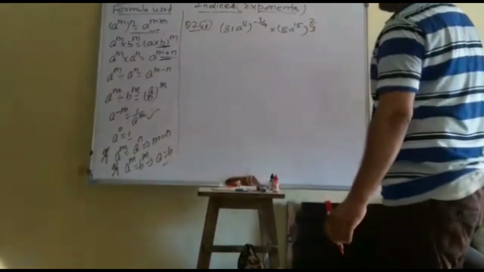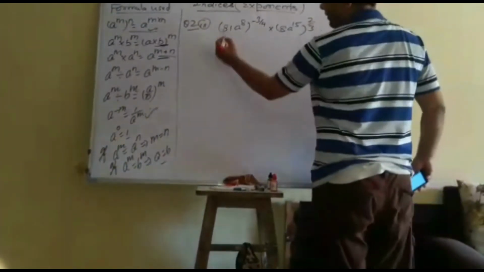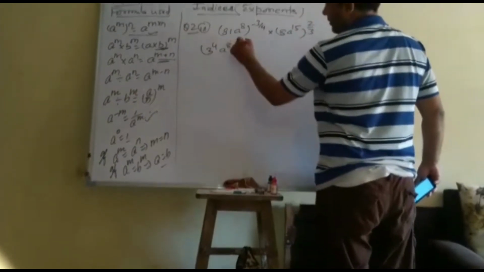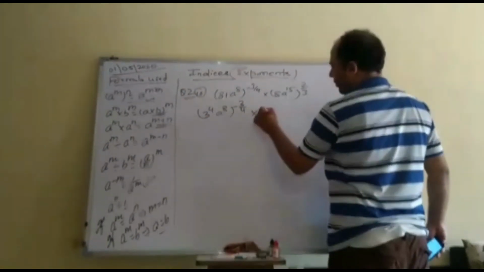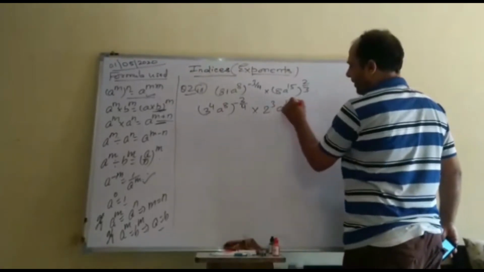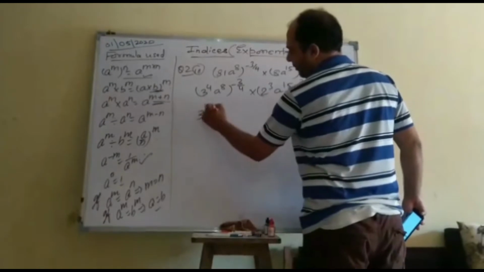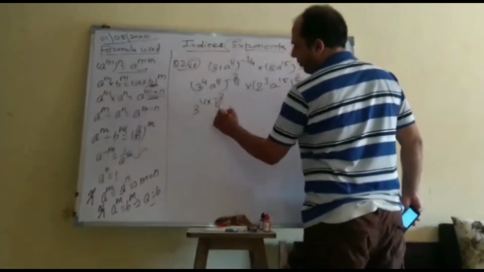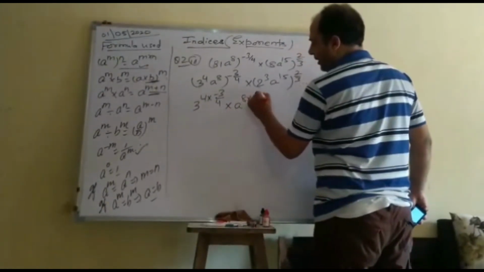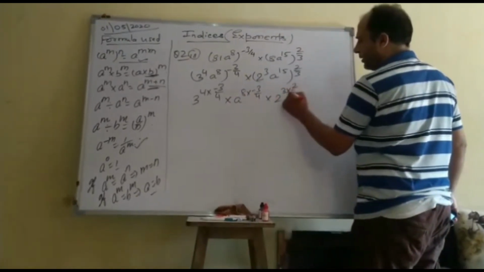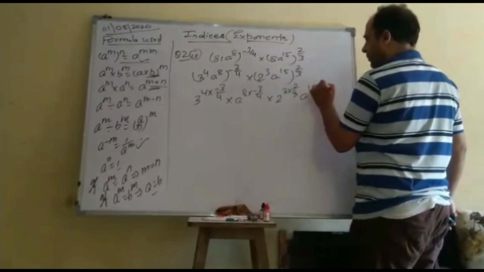This is the question. So how to solve? So 81 means 3 raised to power 4, a raised to power 8, whole raised to power minus 3 by 4, 2 cube a raised to power 15, whole raised to power 2 by 3. So 3 raised to power 4 into minus 3 by 4, into a raised to power 8 into minus 3 by 4, into 2 raised to power 3 into 2 by 3, a raised to power 15 into 2 by 3.